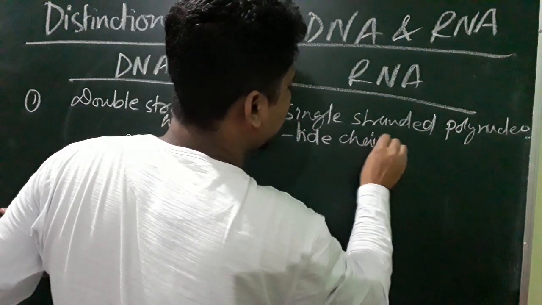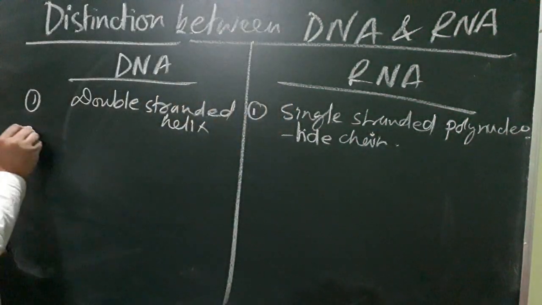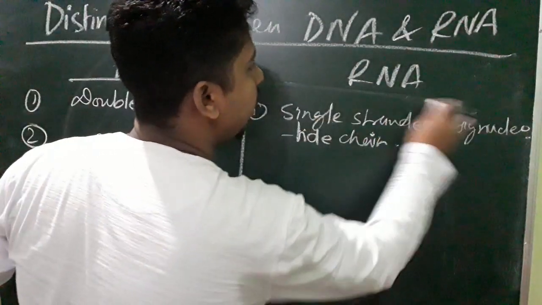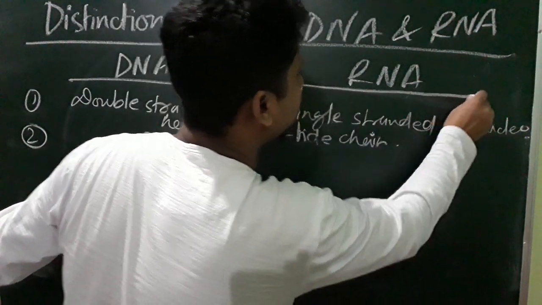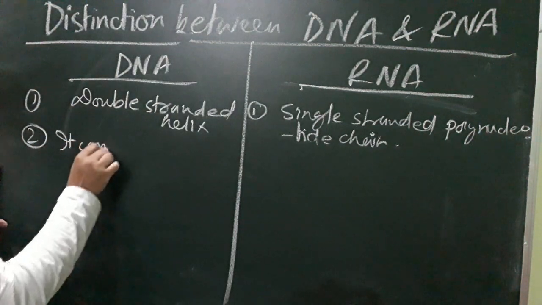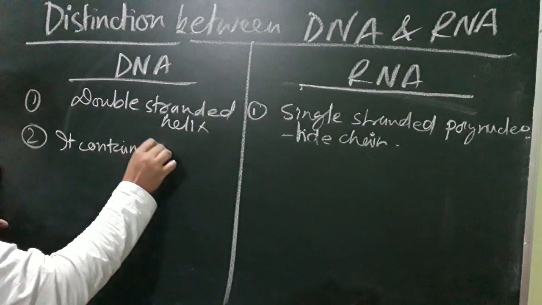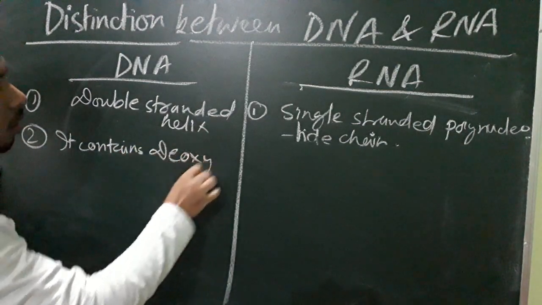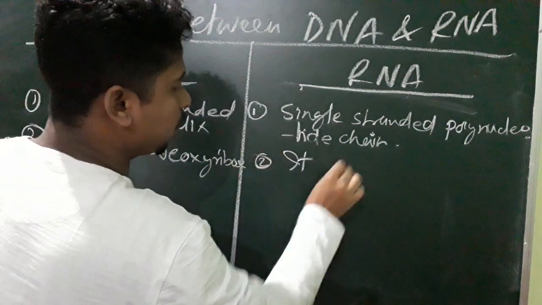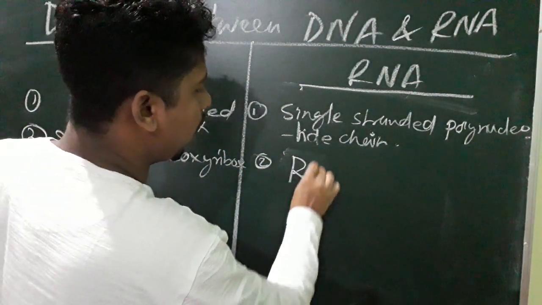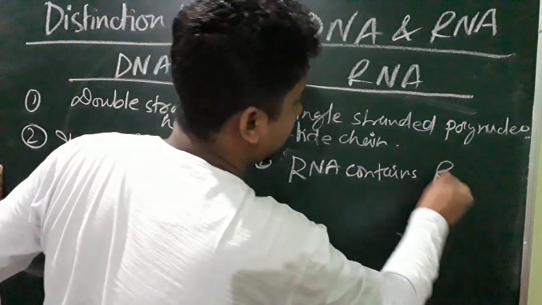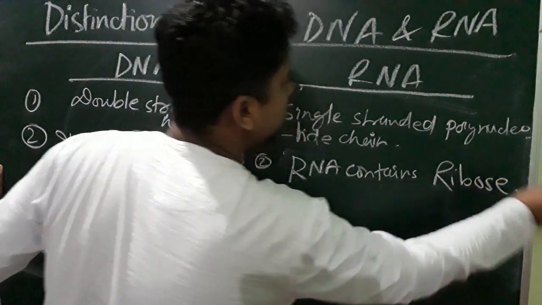Number two, DNA contains deoxyribose, and RNA contains ribose sugar.